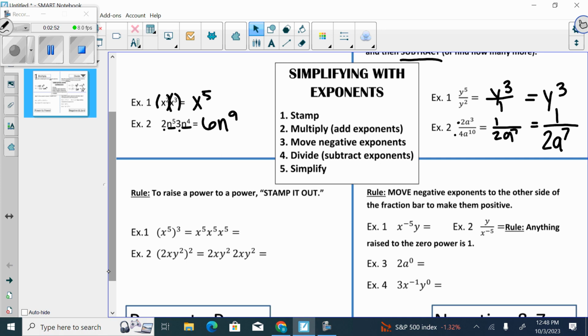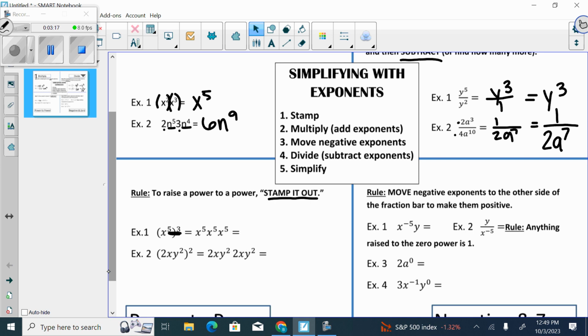So it says we've got a power to a power. They call it stamping it out because remember, x to the 5th power raised to the 3rd means x to the 5th, x to the 5th, x to the 5th, right? They're stamping it over and over again, the number of times specified, okay? But remember, whenever we have a power to a power, our rule for that 5 and 3 is to do what?